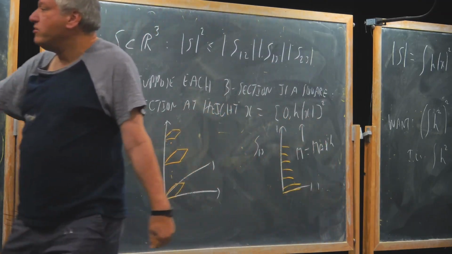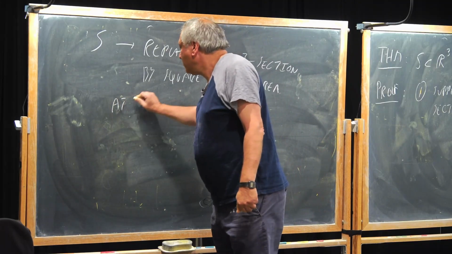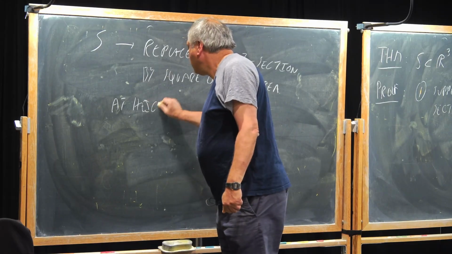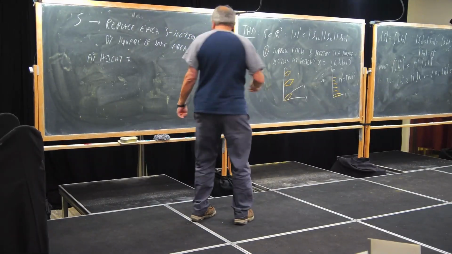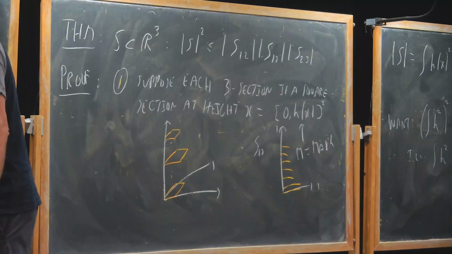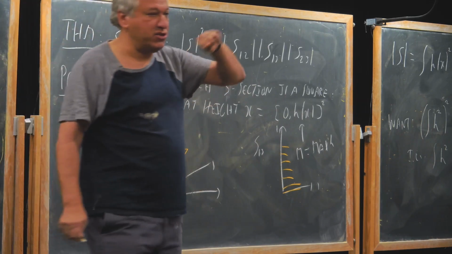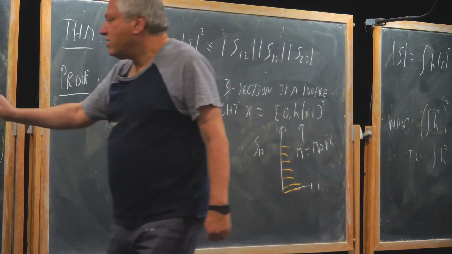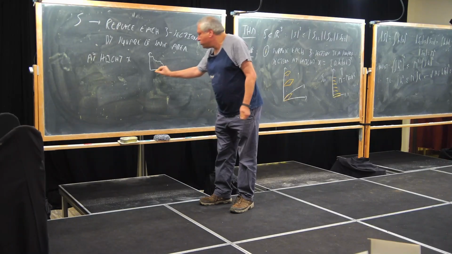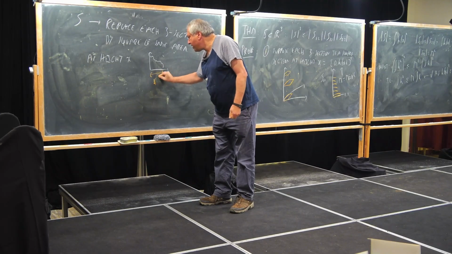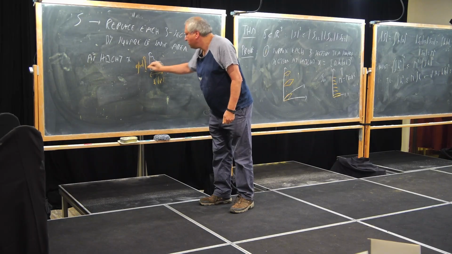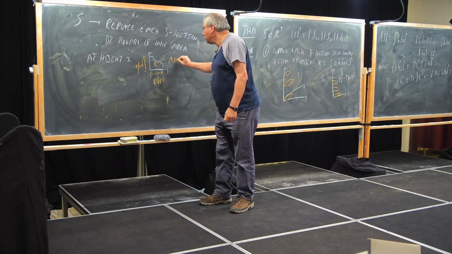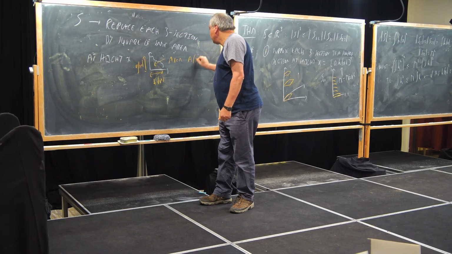So let's suppose that, let me draw a picture at height x of what we're doing. So at height x, we see some weirdo set, the section of height x. Let me write its projections this way as f of x, this way as g of x, and its area as a of x.